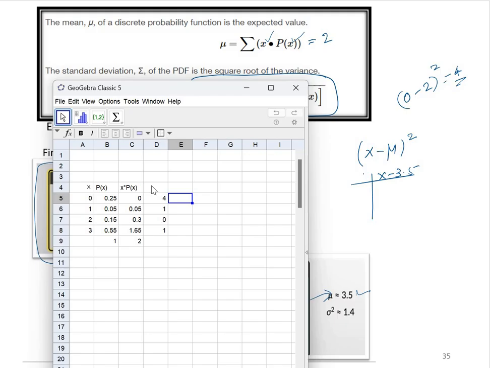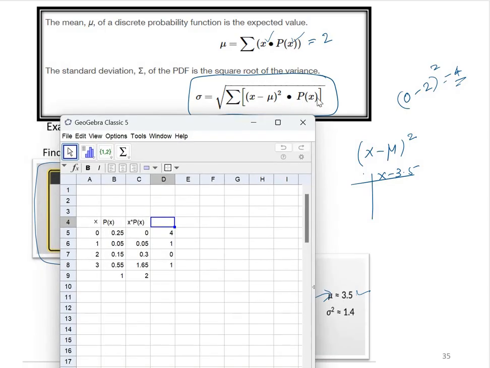So that is x minus mu the whole square. Now the formula says it is x minus mu the whole square times p of x. So this is x minus mu the whole square, and we want to multiply it with p of x. So again, equal to, and x minus mu the whole square is there in this column.